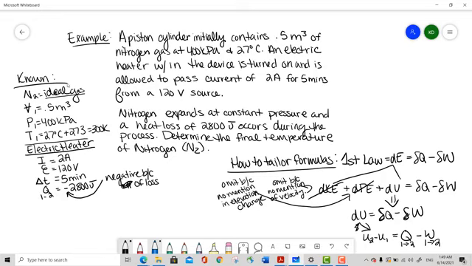But what else do we have to include? Because we have another type of work, right? Remember we covered that there are different types of work. So we've got positive and negative work depending on if it's being done by or on the system. Well, we also have electrical work, right? So we need to also deduct the electrical work.